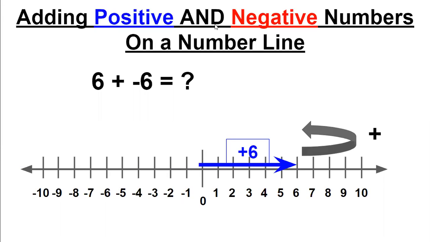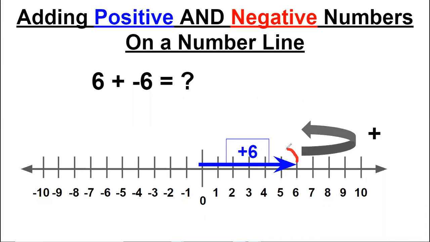So we're currently, let me get a different color here, we are currently at the 6. We went 6 to the right. Now we have to go back 1, 2, 3, 4, 5, 6. Where do we land? Exactly.